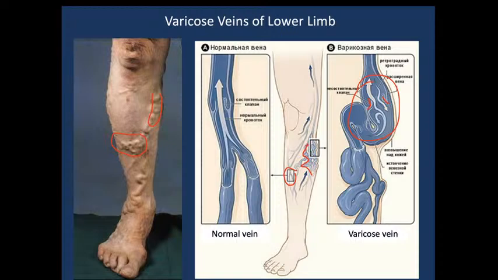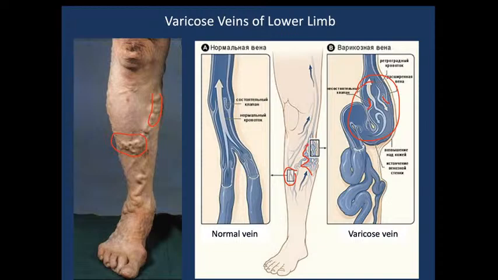Obesity and pregnancy also promote development of varicose veins by putting pressure on large veins of the pelvic region and obstructing drainage from the lower limbs.